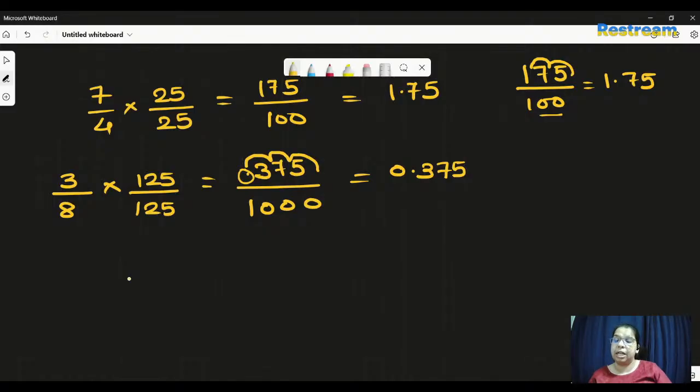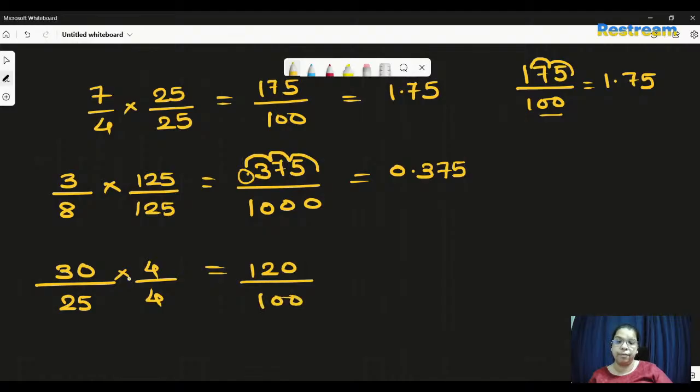Okay. Let's say I have 30 over 25. What I will do is I will multiply both by 4. So that is equal to 120 over 100. 1, 2. It is 1.2.